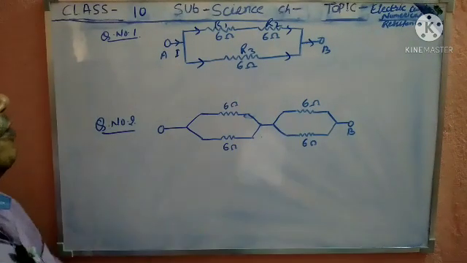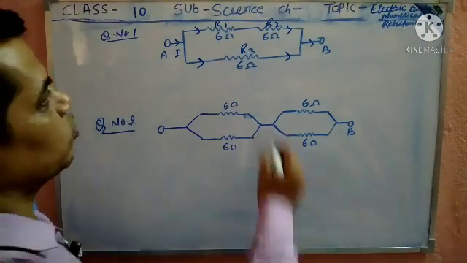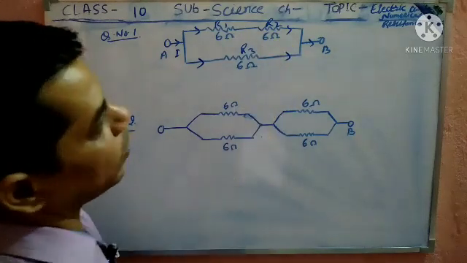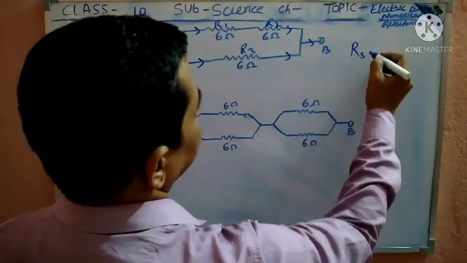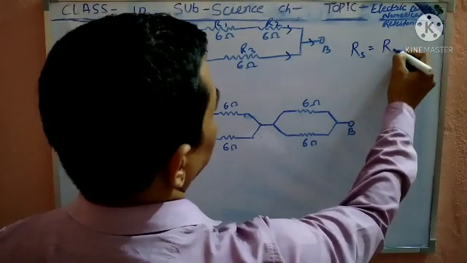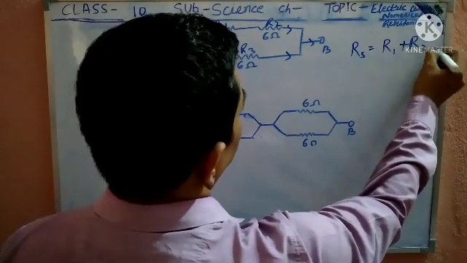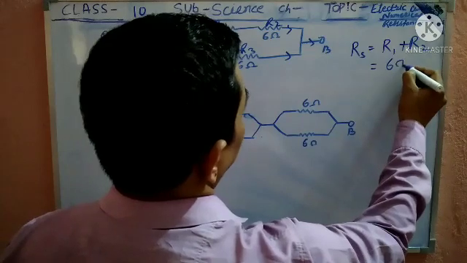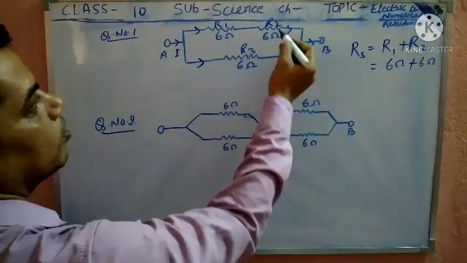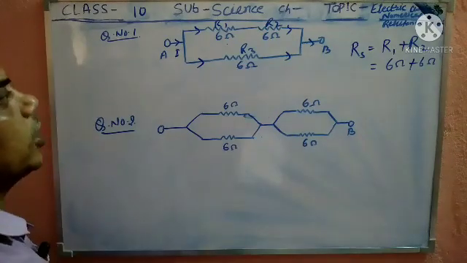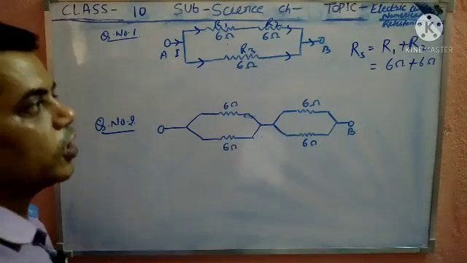First, the two resistances R1 and R2 are in series. So R equivalent series equals R1 plus R2, that is 6 ohm plus 6 ohm. R1 equals 6 ohm, R2 equals 6 ohm, and R3 is also 6 ohm.